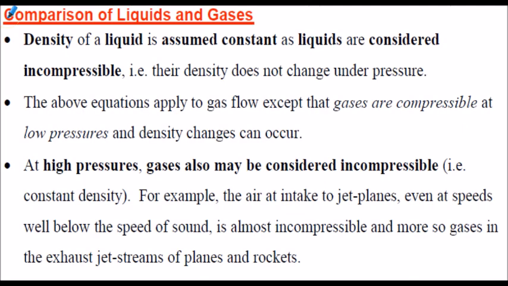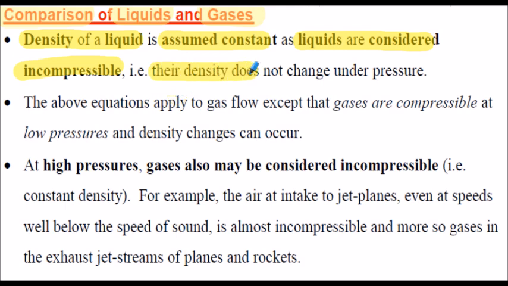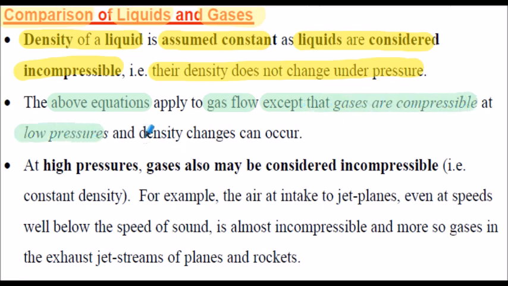Let's consider a brief comparison between liquids and gases. The density of a liquid is assumed to be constant as liquids are considered to be incompressible. In other words, their density does not change under pressure. The previous continuity equations apply to gas flow, except that gases are compressible at fairly low pressures, and so density changes can occur.